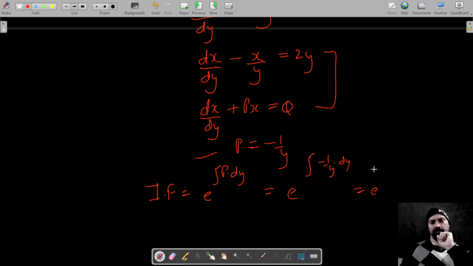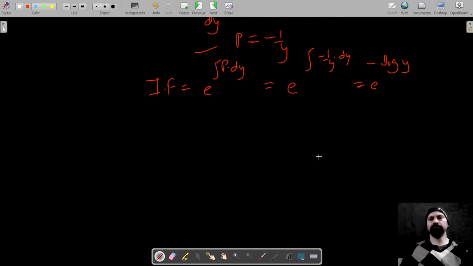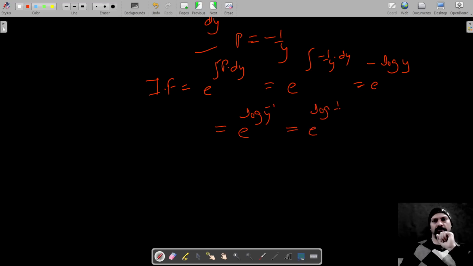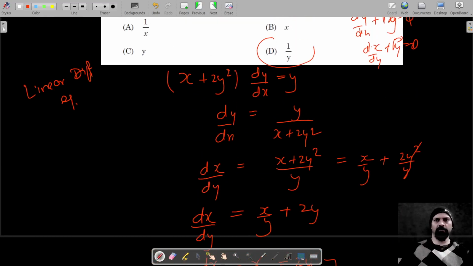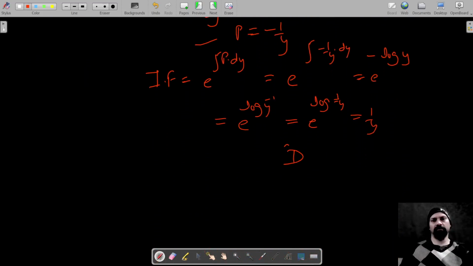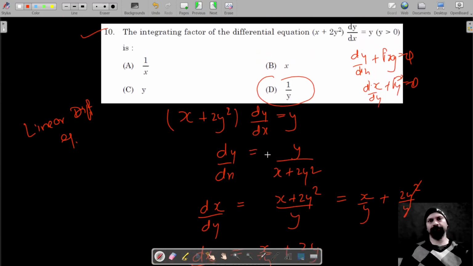So this is integration of negative 1 by y dy, and integration of 1 by y is log y, so this is negative log y, which can be written as e to the power log of y inverse, which is equal to 1 by y. So 1 by y is the correct option, which is option D. So D is the correct answer for this one.